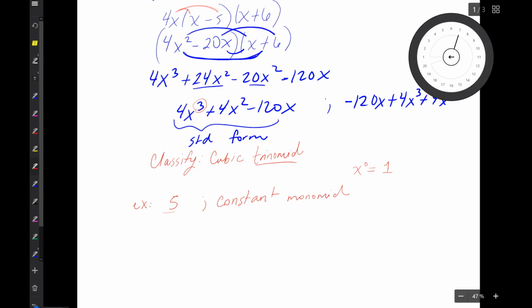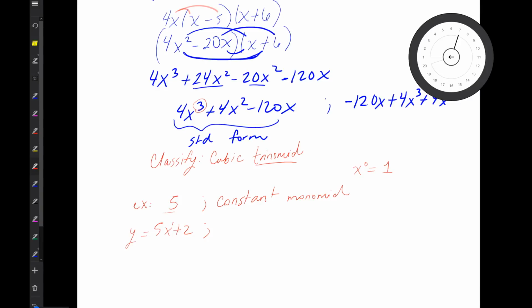What if I gave you 5x plus 2? The highest degree is 1 now. Think about graphing 5x plus 2. What shape would it make? Think about it like this: y equals 5x plus 2.